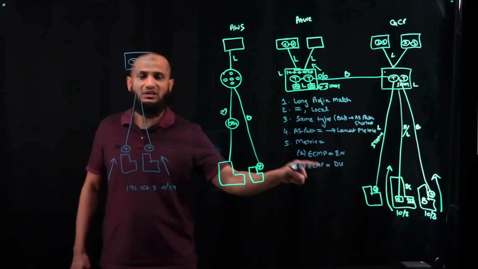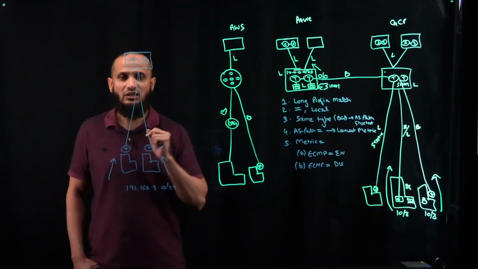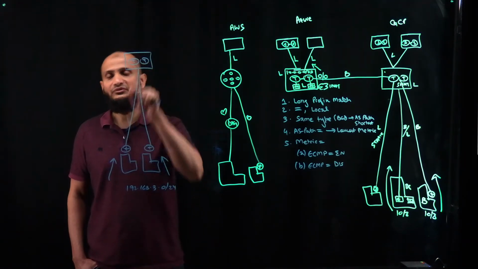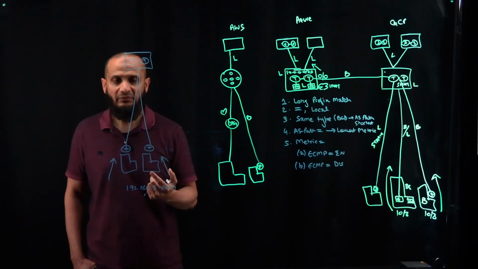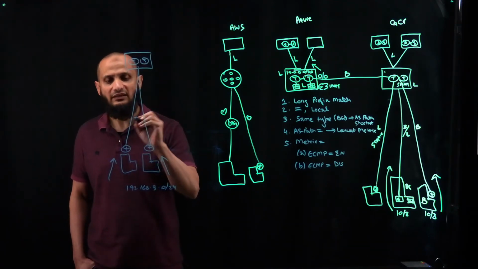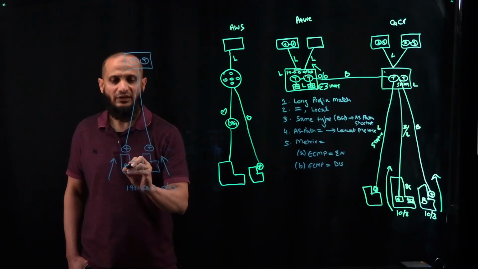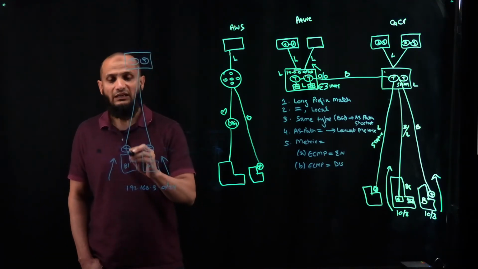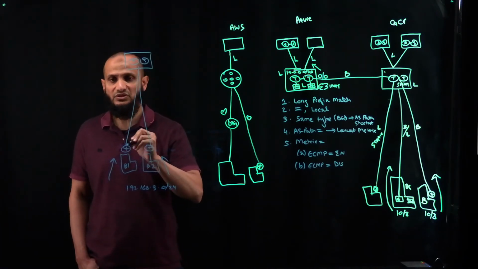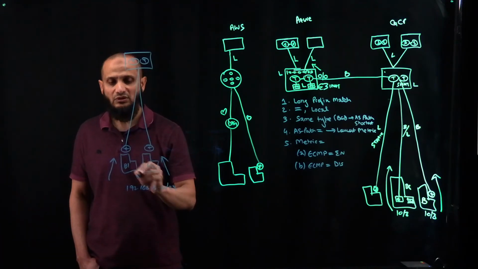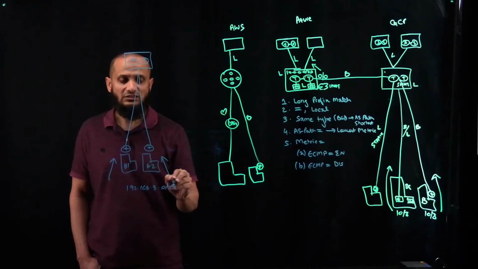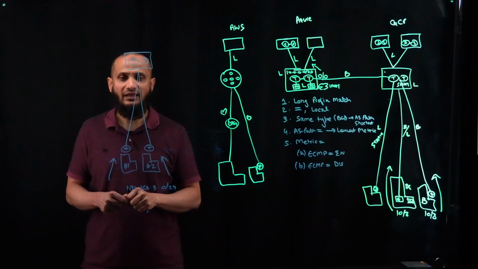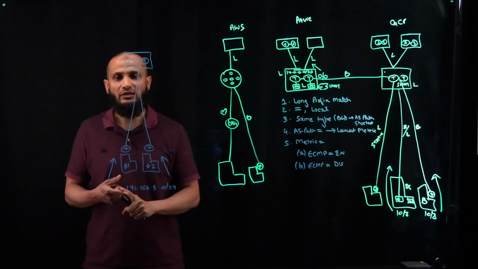Since ECMP is disabled, we need to find out which route Aviatrix Transit actually programmed first.